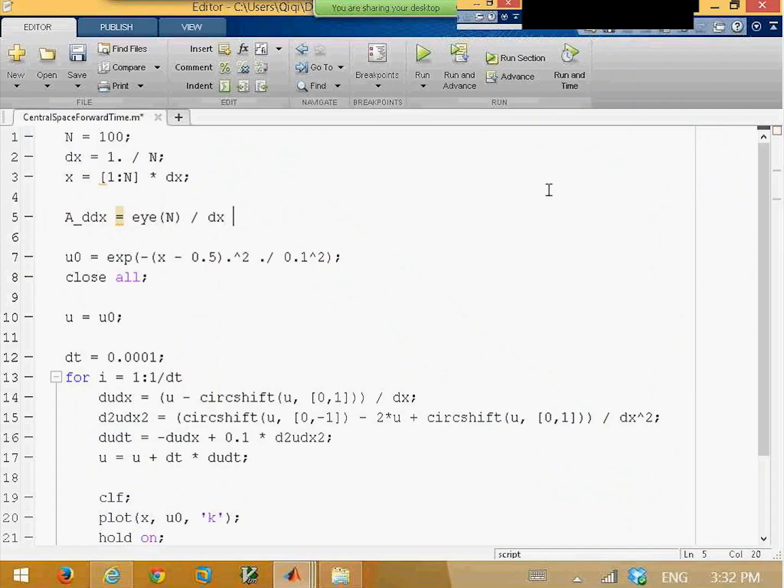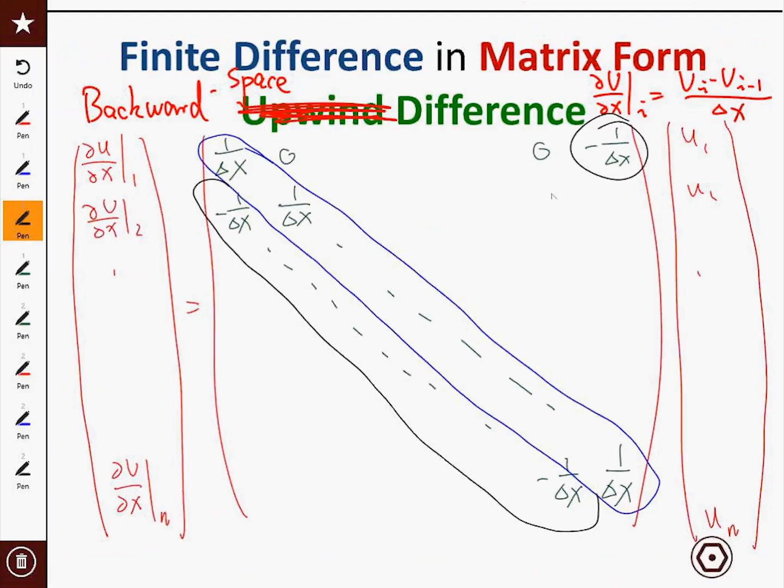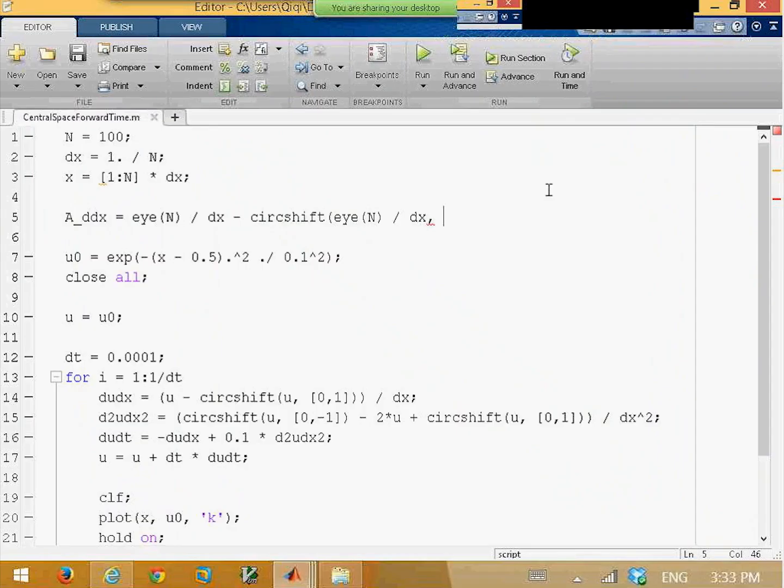So that gives me the blue one. I'm going to subtract I n by dx, but circshift the whole matrix towards the bottom, which is 1 in the i direction, 0 in the j direction. So I'm going to shift it by 1 and 0. Okay, that is my finite difference matrix.